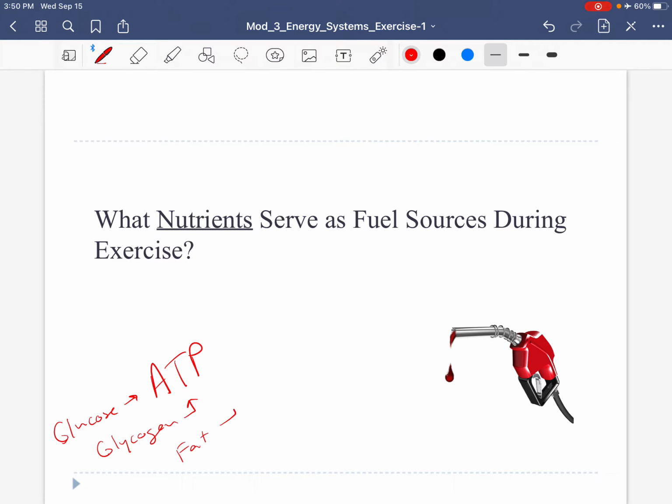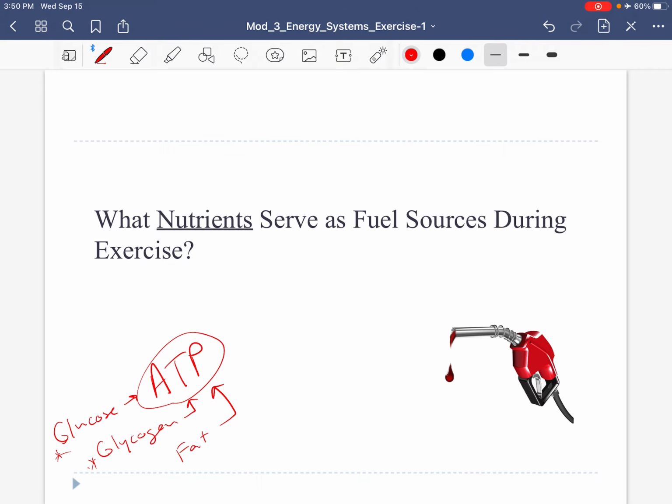We can convert fat into ATP. So remember, ATP is the usable energy. Our muscles, in order to go, need fuel. ATP is that fuel. What we convert into ATP is either carbs or fat, to a much smaller extent protein.